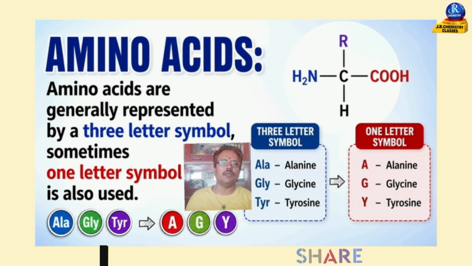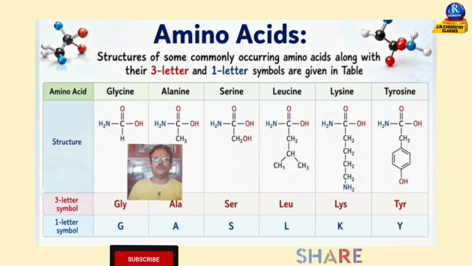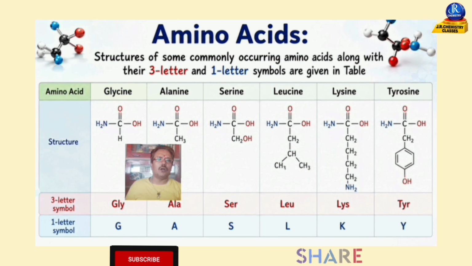Sometimes one letter symbol is also used. Structures of some commonly occurring amino acids along with their three letter and one letter symbol are given in table.